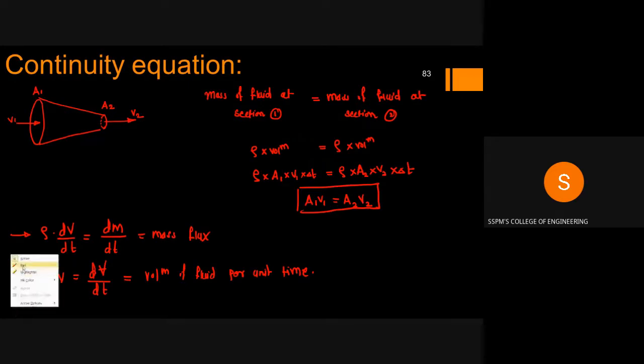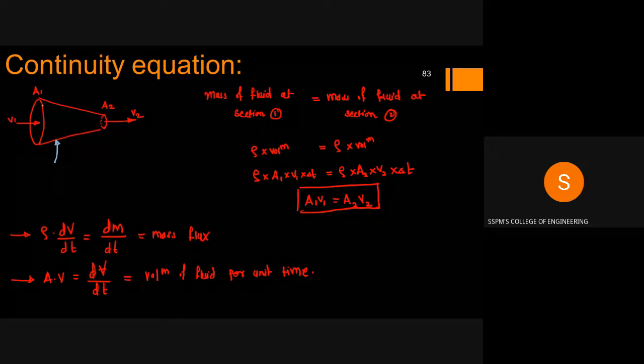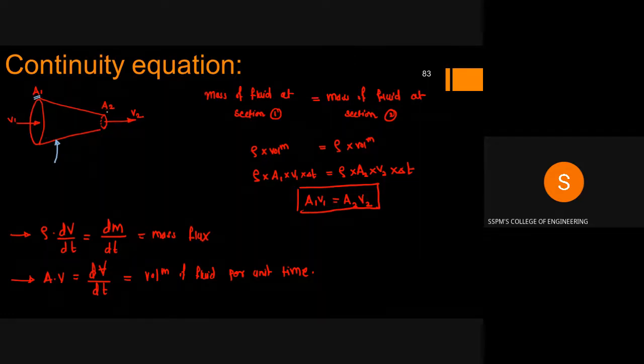Next is the fluid motion. In the fluid motion, we have the continuity equation. Suppose we have a pipe like this, where cross section 1 is A1 and cross section 2 is A2, and A1 is greater than A2.